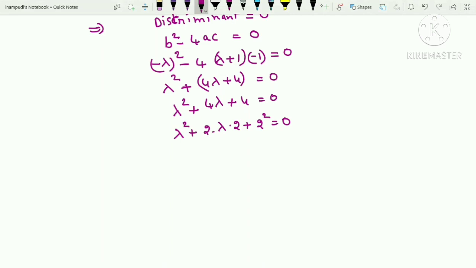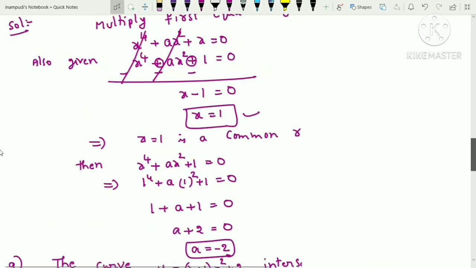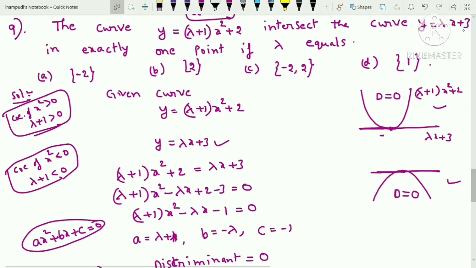This is in the form of a square plus 2ab plus b square, so a plus b whole square: lambda plus 2 whole square is equal to 0. So lambda plus 2 is 0, lambda equal to minus 2. So the lambda value is minus 2. Minus 2 is the correct answer.